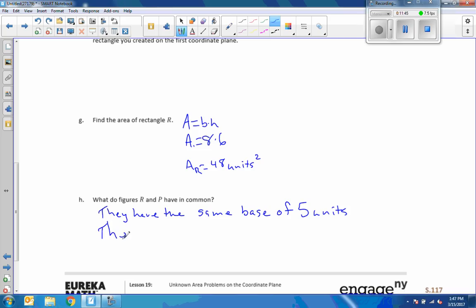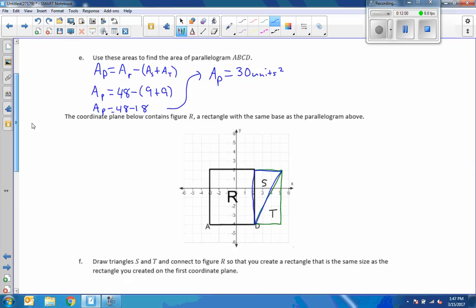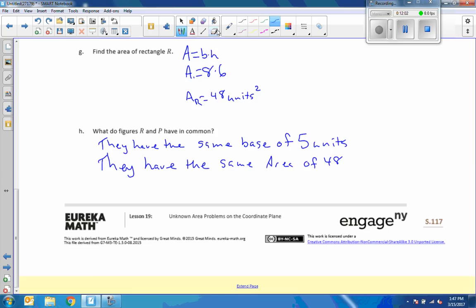They have the same area of 48, not 48, 30 units squared.